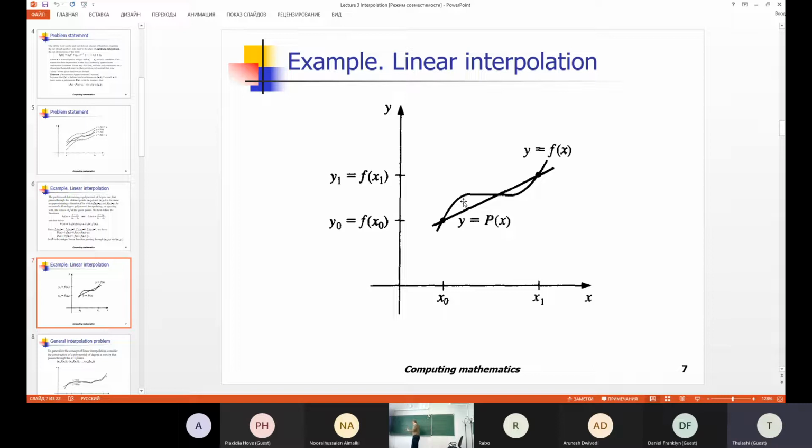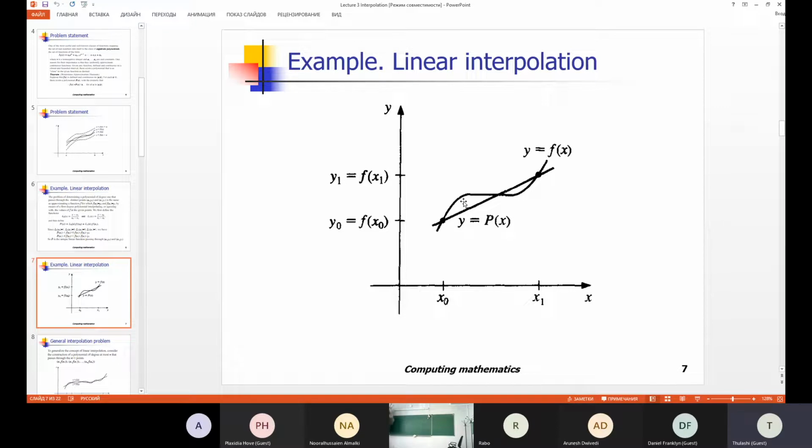But only one linear function passes through these two points. And this linear function is a polynomial of degree 1, and we can find the equation of this polynomial using this formula. And this linear function can be used as an approximation to all other functions that pass through these two points.